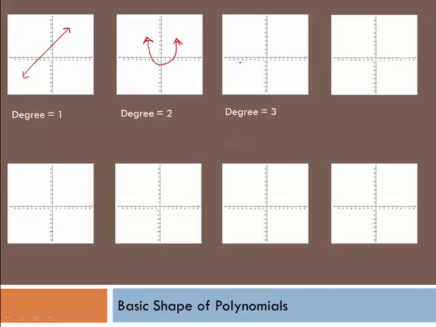If we have a degree of 3, we have something similar to this. Degree of 4. Or that could be flipped over.